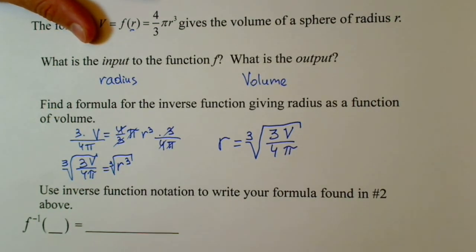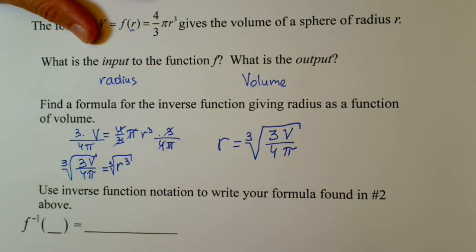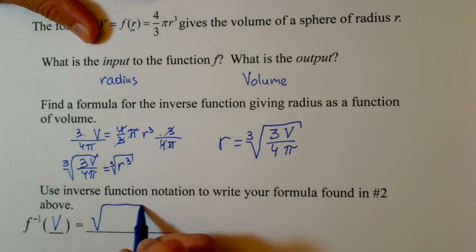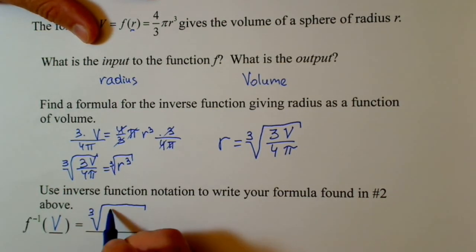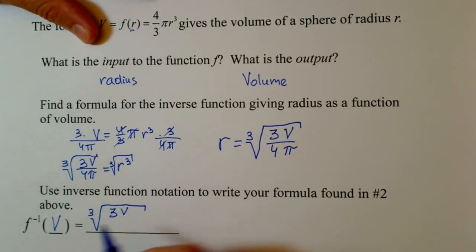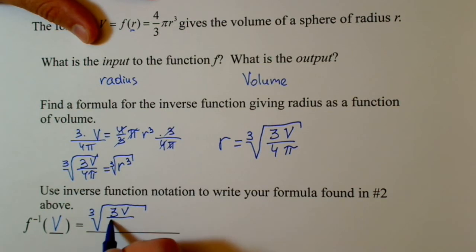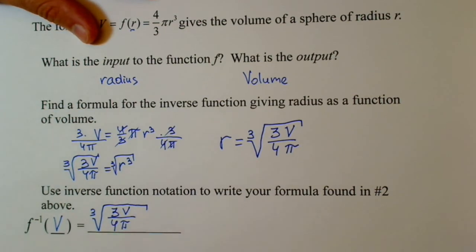Now by using inverse function notation, our inverse function looks like f superscript -1 of our new variable, which in our case is now volume, and the result is just what we found, cube root of 3V, V is a volume like a variable, over 4 pi.